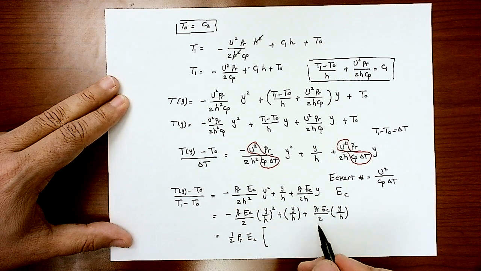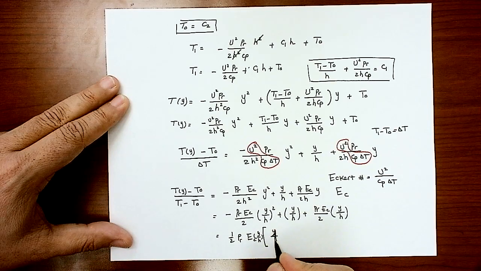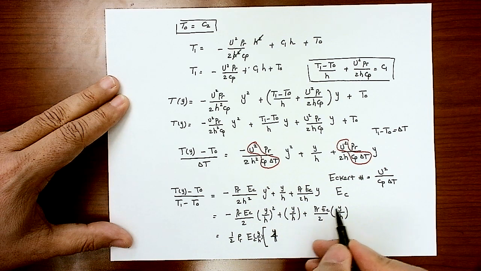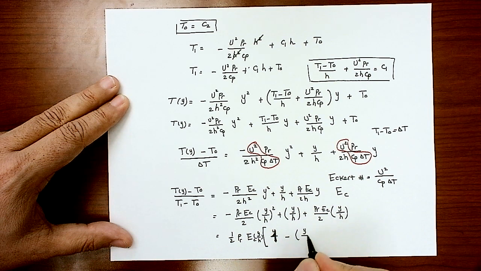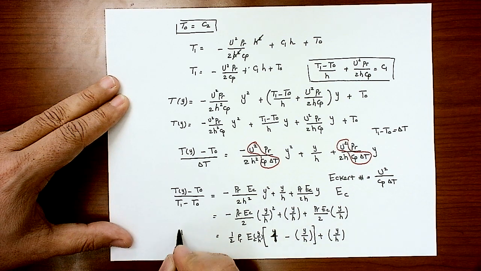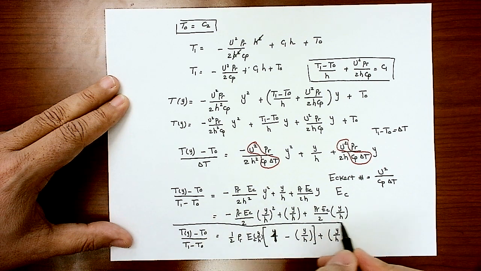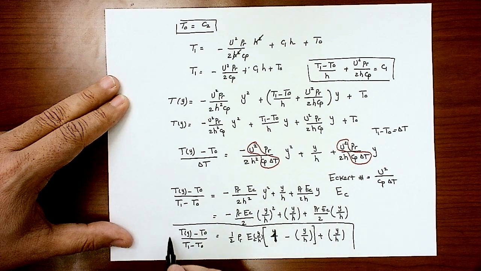Let's take y over h also outside, so this will be simply 1. I took half Prandtl Eckert y over h as a common factor. This will be 1 minus y over h, plus y over h. This is T of y minus T node divided by T1 minus T node, and this will give me the temperature distribution.